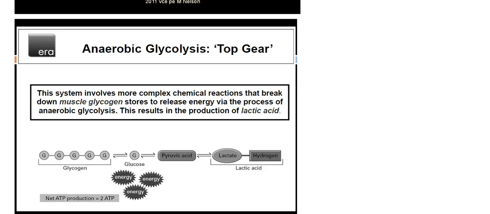So another way of looking at it, here we have our chain of glucose. The glucose is broken down, and remember this is with glycolytic enzymes.